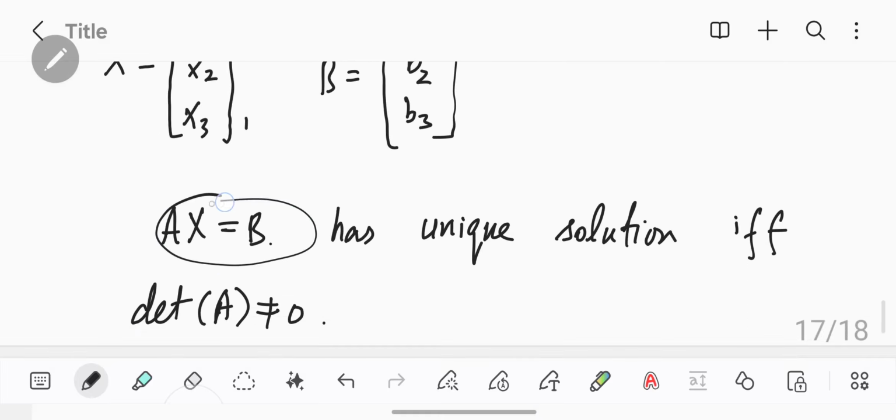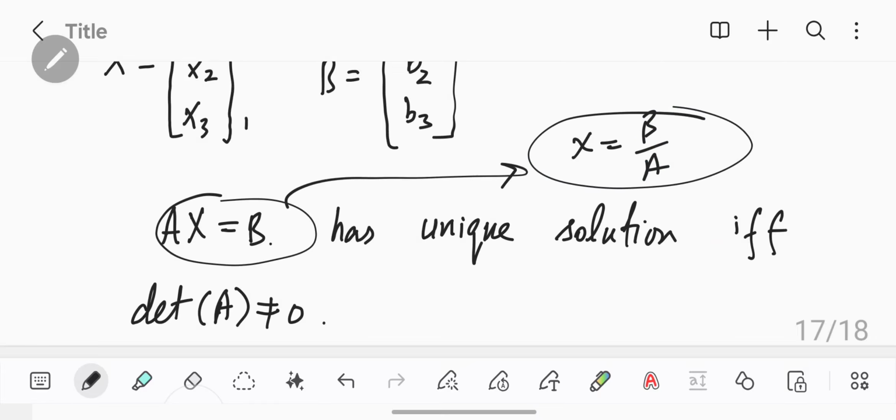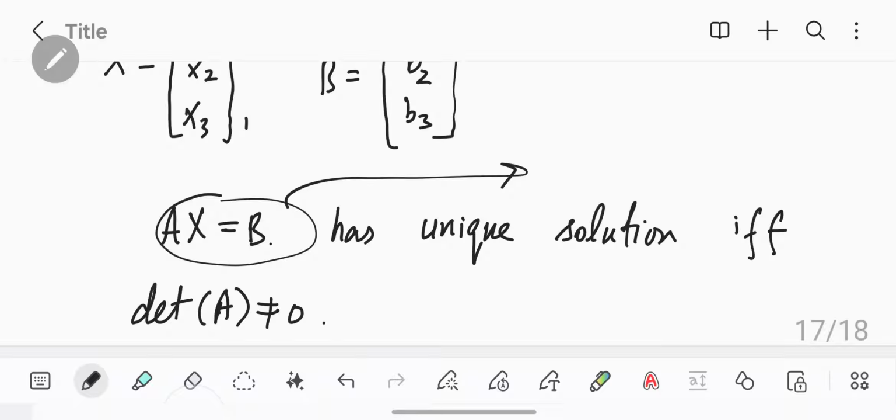Generally in algebra you write x = B over A, but here B over A will not work because they are matrices. Instead of division by A, we will write A inverse.